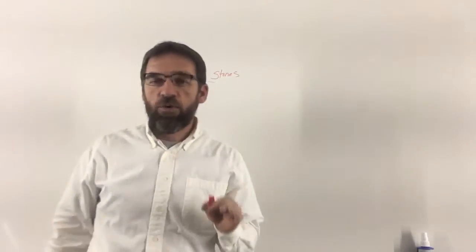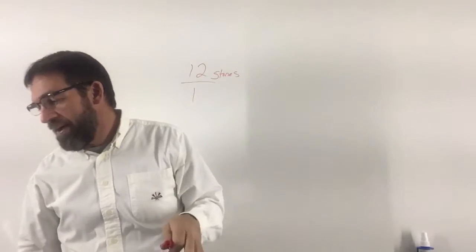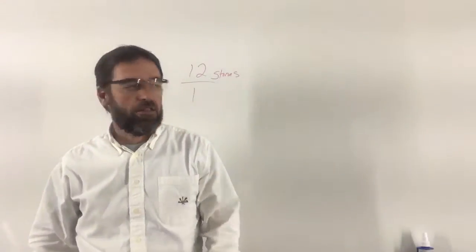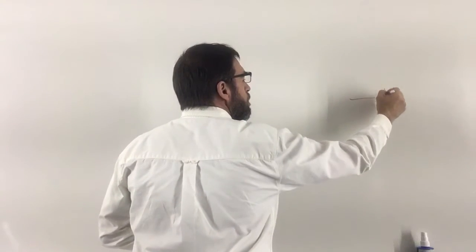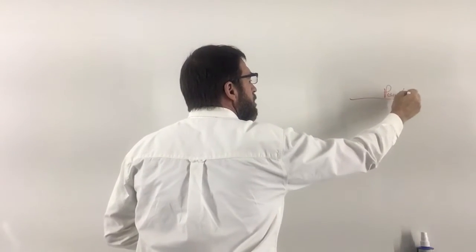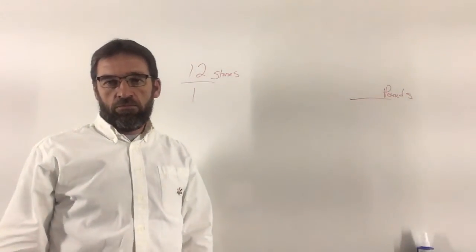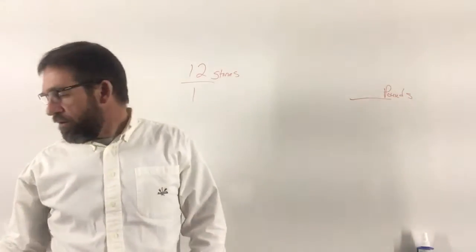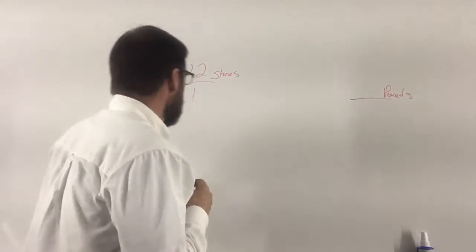Now remember, our final answer, we want to know pounds. How many pounds did the man weigh? So over here in our answer, we want to know pounds. So what do I need to cancel out? Stones, sure. Okay, so look at your ratio. 1 stone equals 14 pounds.